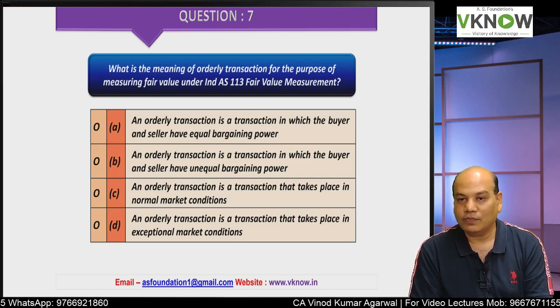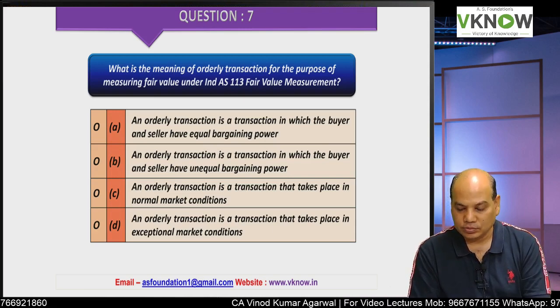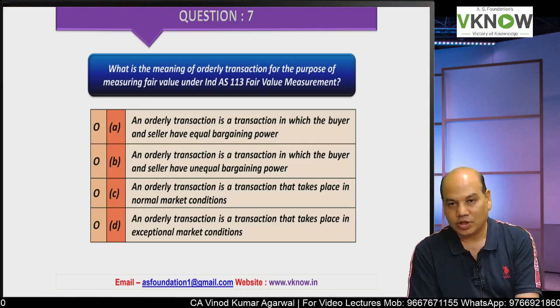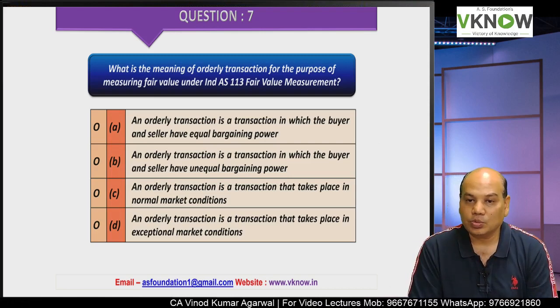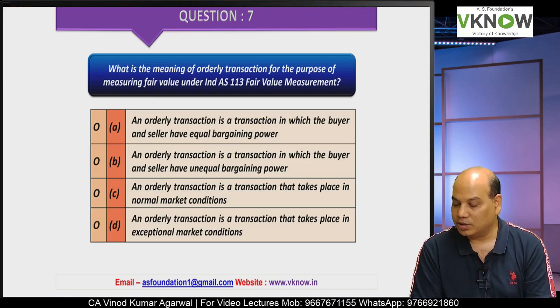What is the meaning of orderly transaction for the purpose of measuring fair value as per Ind AS 113? Orderly transaction means a transaction in which the buyer and seller have equal bargaining power. An orderly transaction is a transaction in which the buyer and seller have unequal bargaining power.